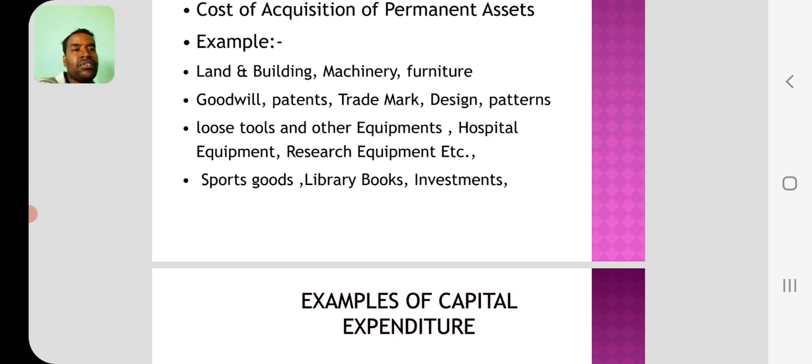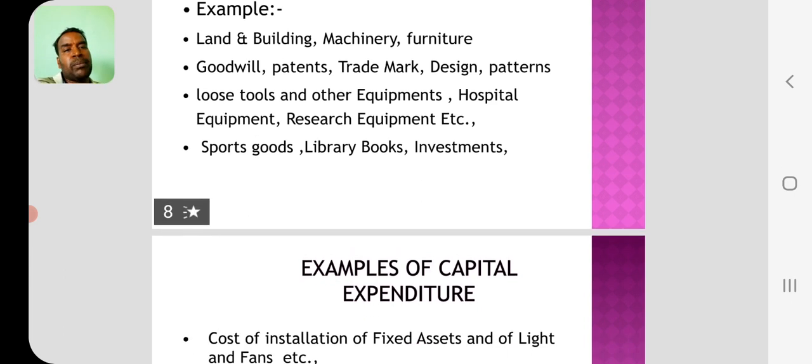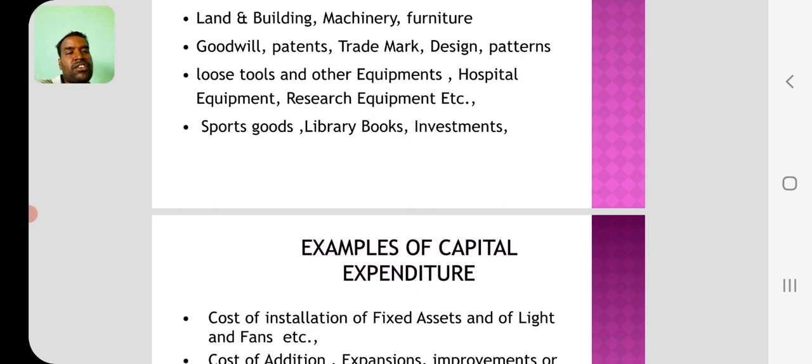For acquisition of these types of assets, we are paying some money to an outside person. It is called a capital expenditure. Capital means it is used for a longer period, more than 10 years.